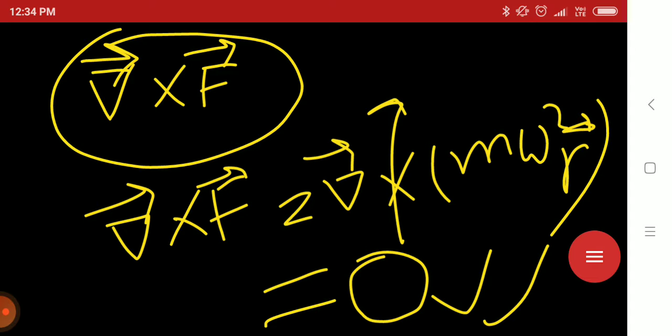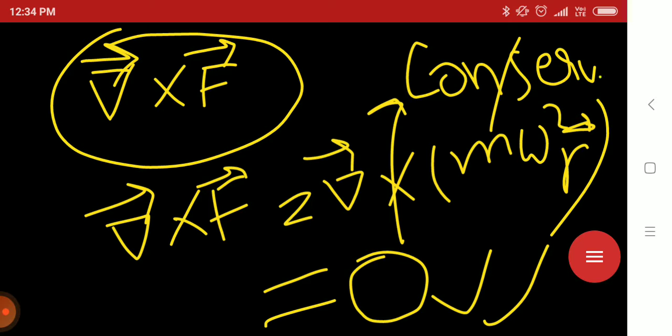And curl of F equals 0 means it is a conservative force.